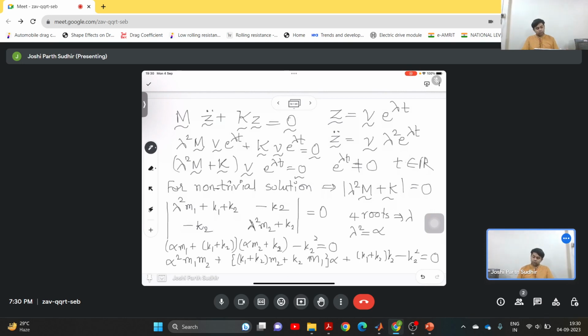Now if we want to simplify this equation further, let us divide both sides by m1 m2.